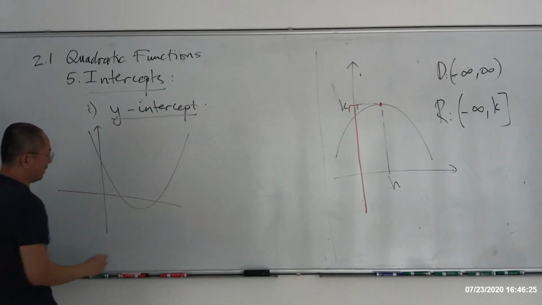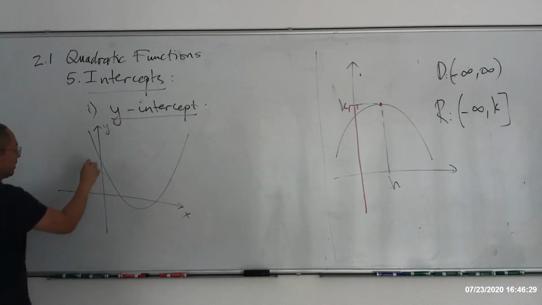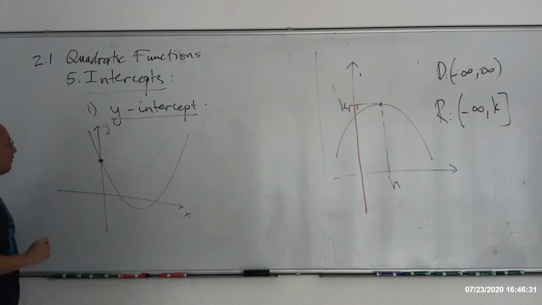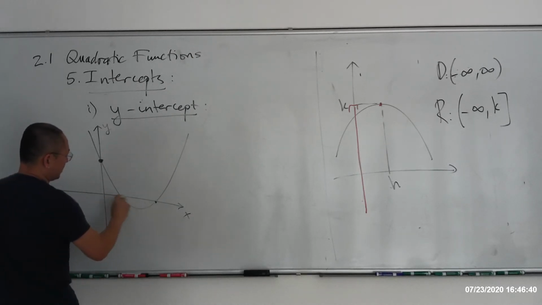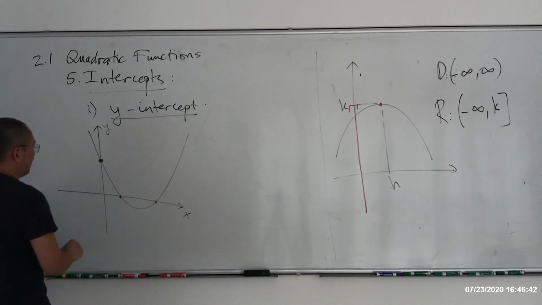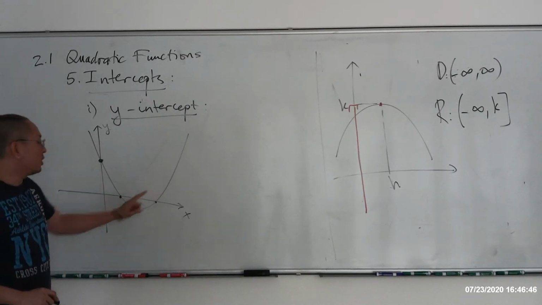I have a parabola. This is my x-axis, and this is the y-axis, and this is the point where the graph intersects the y-axis, so we get the y-intercept right here, and there are 2 points right there where the graph intersects the x-axis. So in this particular example, we have one y-intercept and 2 x-intercepts.